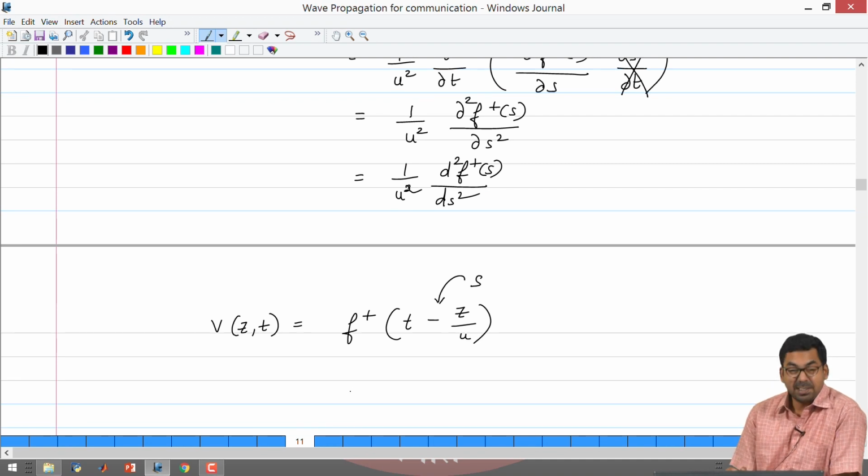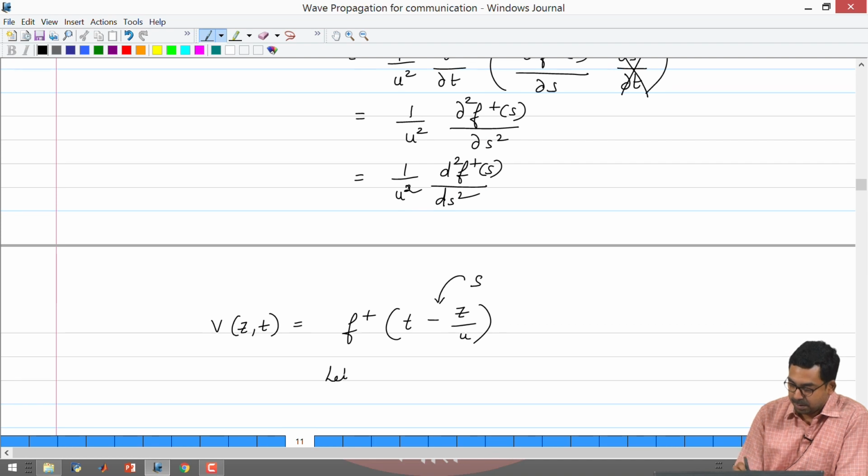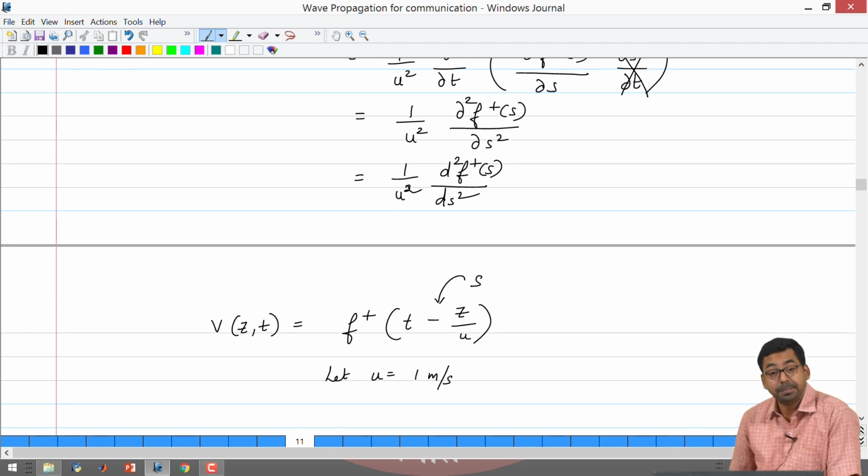Now, let us assume that the velocity of the signal in the line, dictated by L and C of the wires that you choose to build your transmission line, is 1 meter per second. It is a wild assumption, but let us make it just to understand this solution. Let u be 1 meter per second.